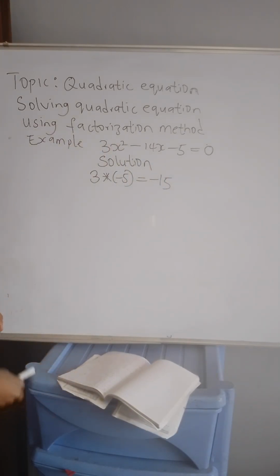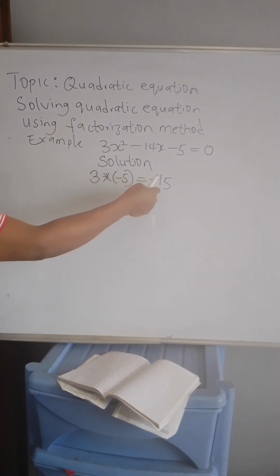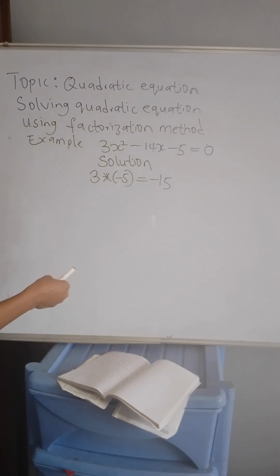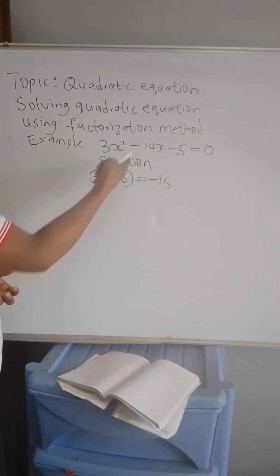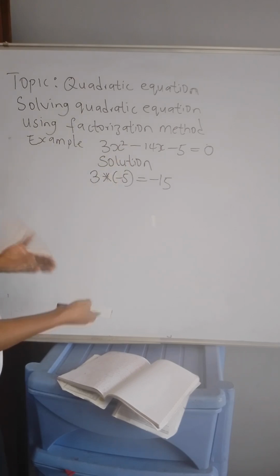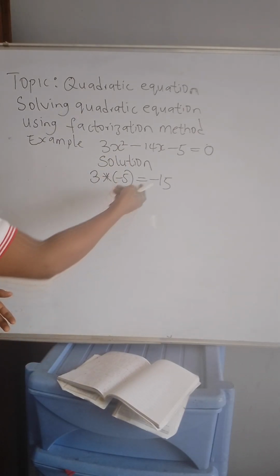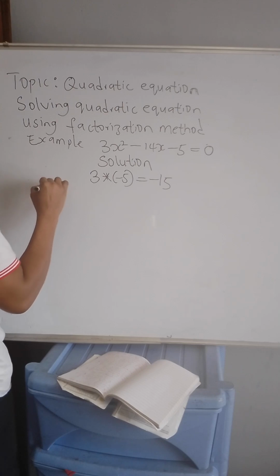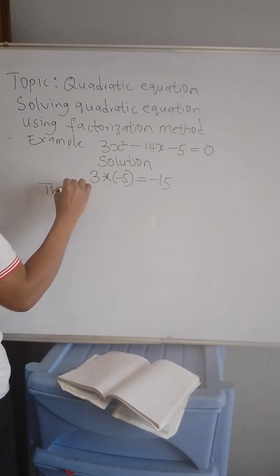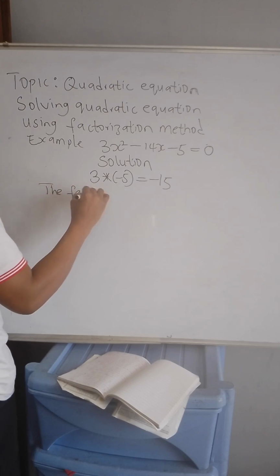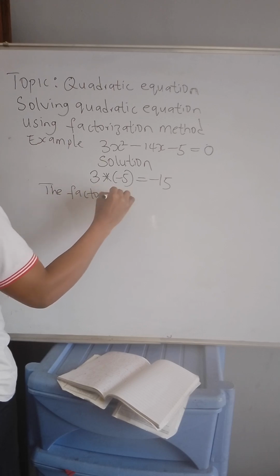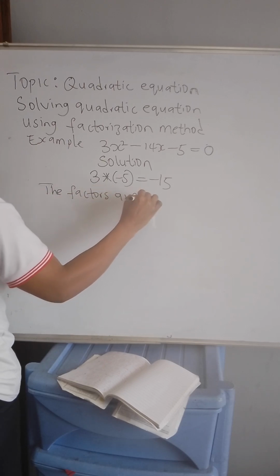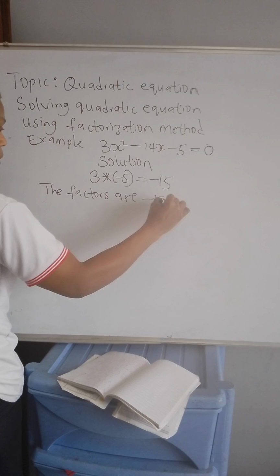The second step, find the factors of minus 15 that when you add the factors, we get minus 14, and when you multiply the factors, you will get minus 15. So the factors are minus 15 and plus 1.